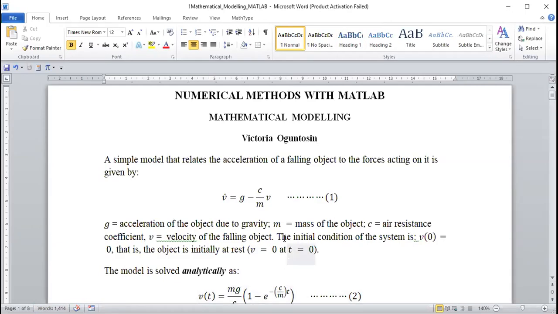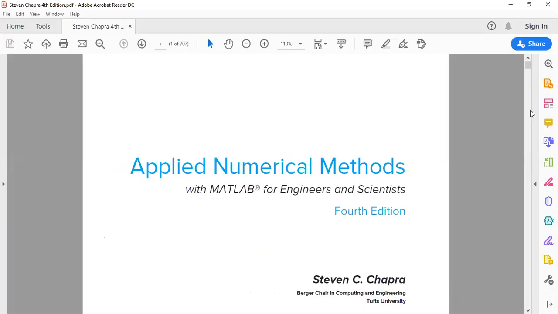Before I start, this class is Numerical Methods with MATLAB. I'll be using this textbook, Applied Numerical Methods with MATLAB for Engineers and Scientists.